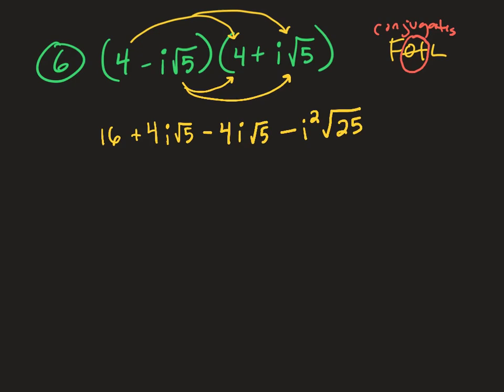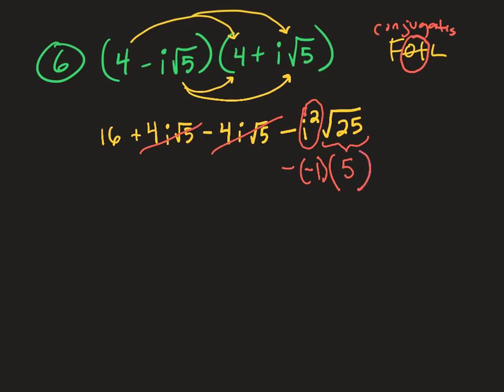But the two middle terms will cancel: 4i square root of 5 and negative 4i square root of 5. Those are gone. Here we've got negative 1, so we've got a minus in front of negative 1. And also the square root of 25, which hopefully everyone knows is just 5.